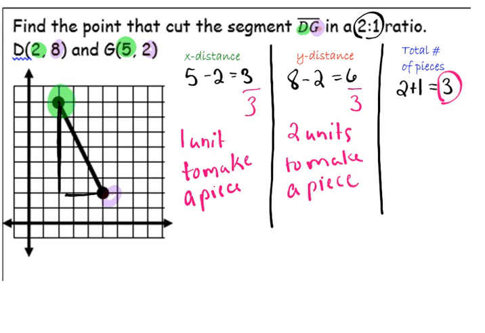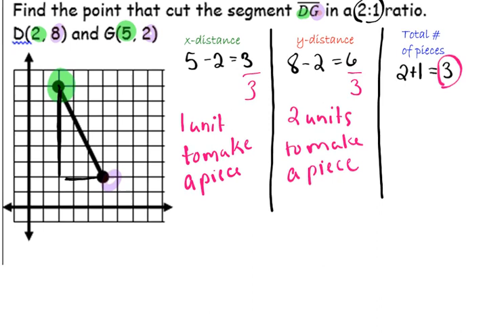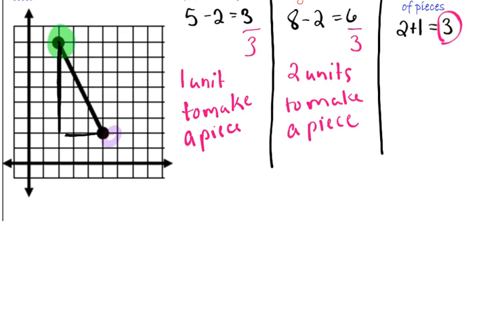So, with that said, let's look at my distances. All right, my horizontal distance, which was going from 2 to 5. Okay, that means I have the number 3 and the number 4. It takes, right here, 1 unit to make up a piece. That means there's one dividing, there's another dividing.